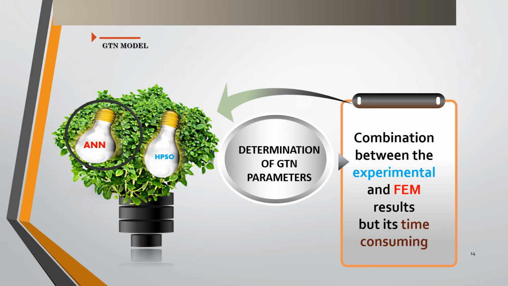But after the development of technology, computer science and artificial neural networks, we could combine the direct method with others, for example with artificial neural networks or with hyperparticle swarm optimization. Then we can find those parameters in less time, because the direct method takes a lot of time, but if we combine it with other methods, such as artificial neural networks, which I have done in my work, to be honest, it reduces a lot of time.